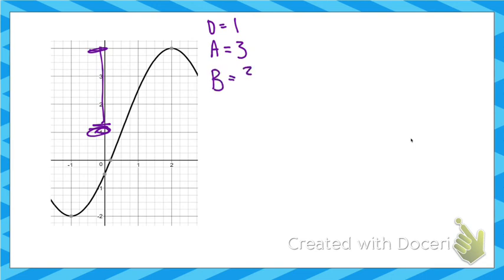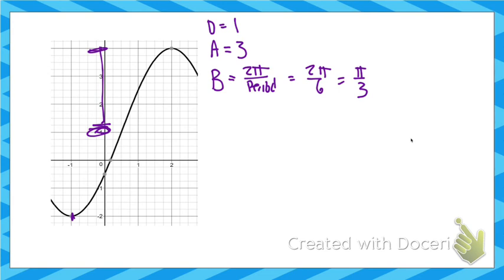B, 2 pi divided by the period. Well, the period here is hard to see because you don't see the whole graph repeating. But we do see half the graph. From -1 to 2, that's a distance of 1, 2, 3. If it takes 3 to get half the graph, it's going to take 6 for the whole graph. So that's our b value.